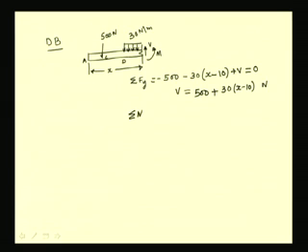Summing the moments, we have the moment of this 500 Newton force, which is counterclockwise. So, we have 500 into its moment arm, which is x minus 5 meters, and the moment of these distributed forces. The equivalent force of this distributed force lies in its centroid.